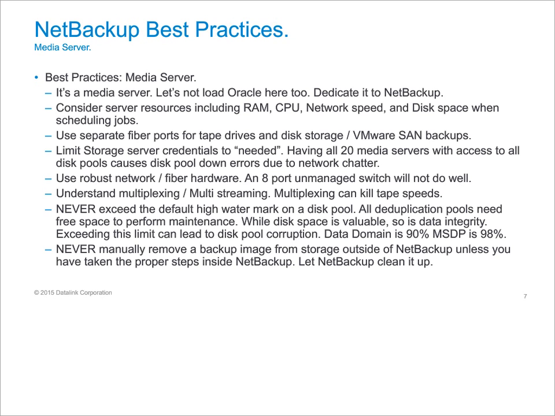Another consideration for a media server best practice is understanding multiplexing and multi-streaming on your tape drives. There are 2 components you can use. Multiplexing allows you to send multiple backup images to one tape drive at the same time.